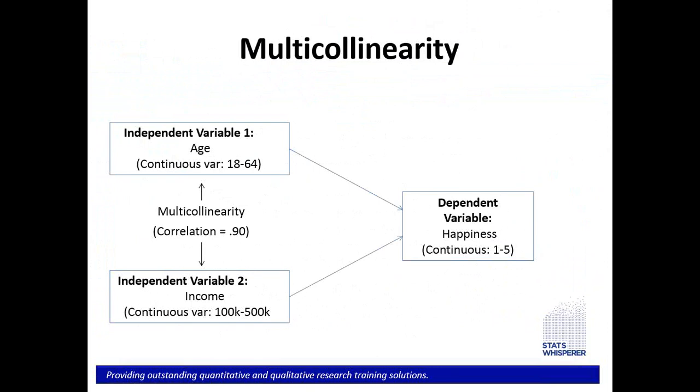One is age predicts happiness, and one is income predicts happiness, okay? But then, let's assume that age and income, right? So as you're getting older, you're making more money, are both correlated with one another at a very high level, okay? So correlation equals 0.90. It only goes up to 1.0, so that's high.